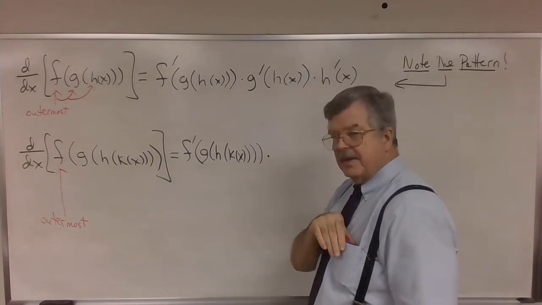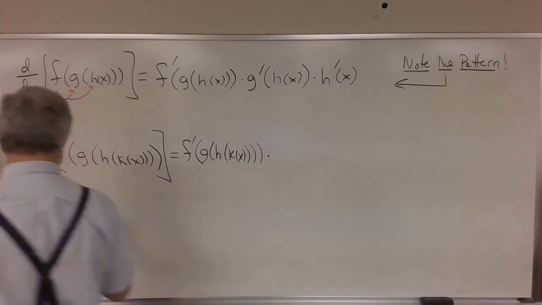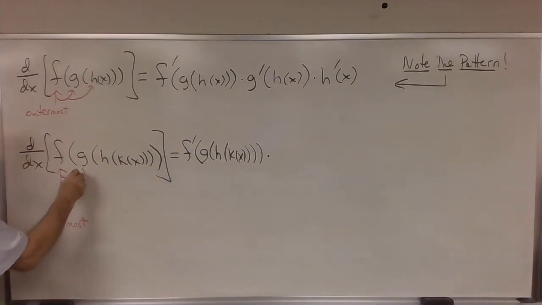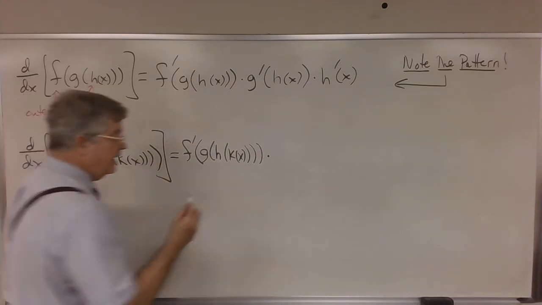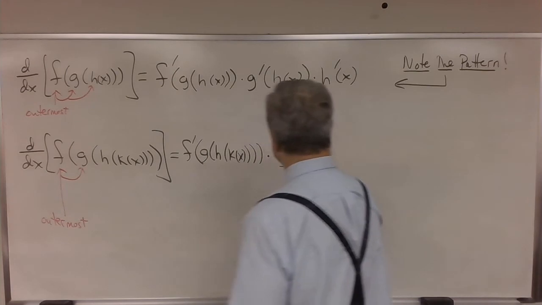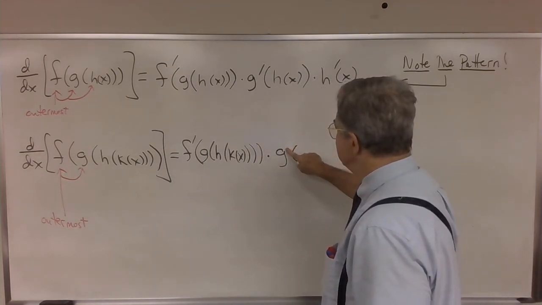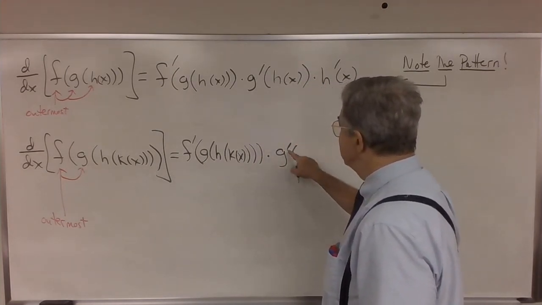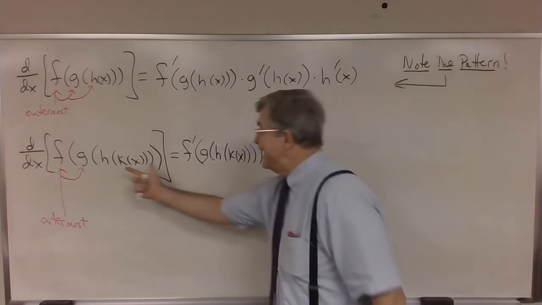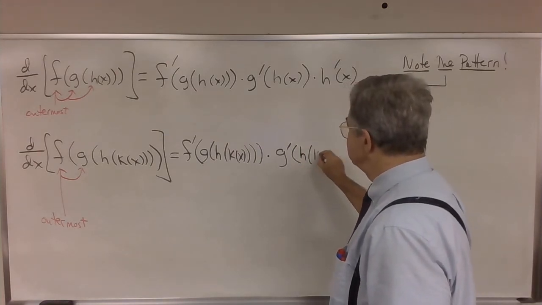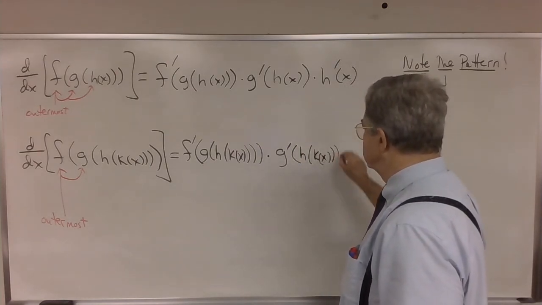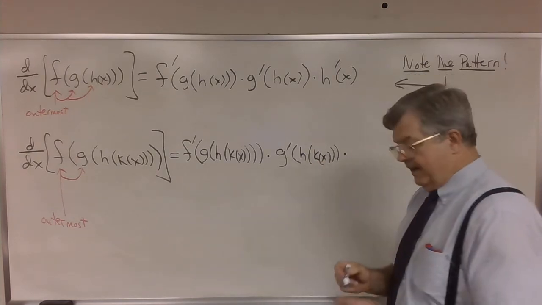Then what do we do? We move in to the next outermost function, g, and we compute the derivative of the next outermost function, evaluated at everything inside of it. So we'll have g prime, evaluated at everything inside of it, h, evaluated at k of x. And then what?